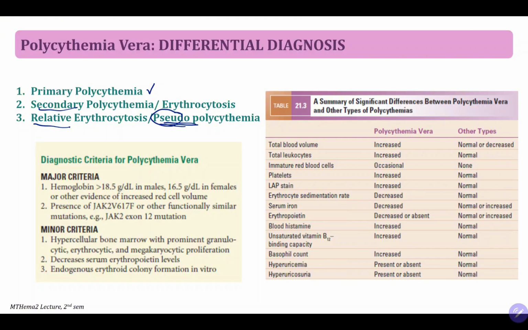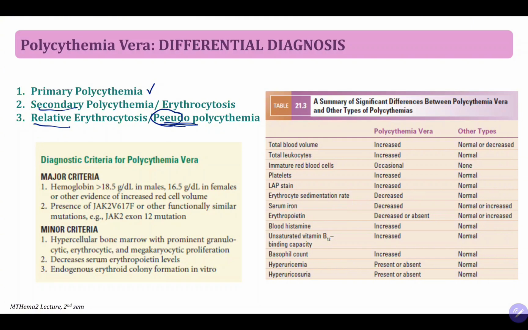Okay, in this type, conditions such as your dehydration, hypovolemia, burns, and stress are associated with it. Kasi nga, in those cases, there is increased red cells because of reduced plasma levels without the increase of red cell indices. So, nagmumukhang mataas si red cells natin kasi mababa yung plasma volume natin.